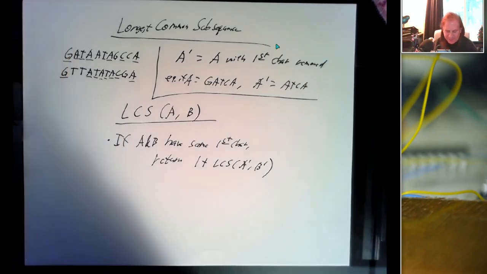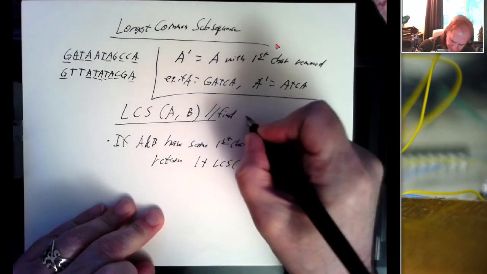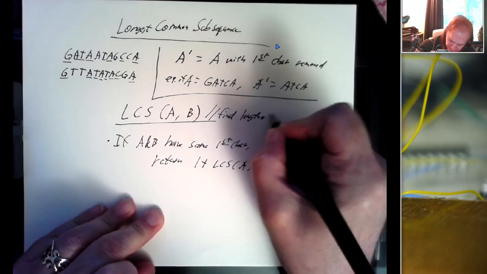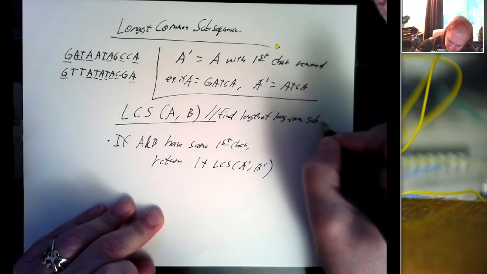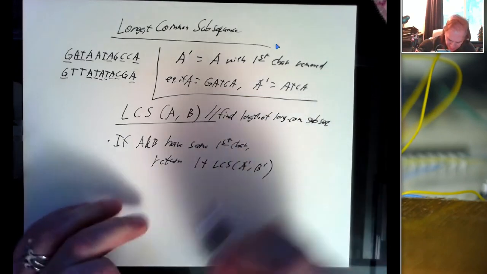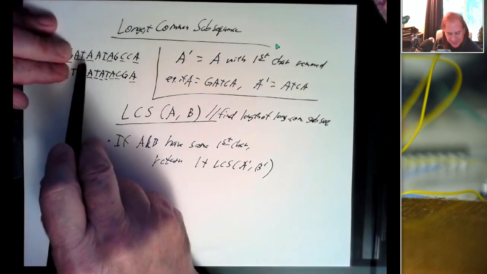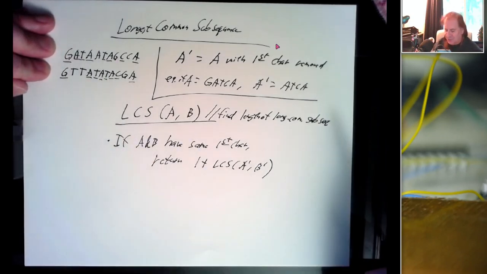So we're trying to find the length of the longest common subsequence. So whatever the length is of the longest sequence between these, we add 1, we get the longest sequence of the two original strings.